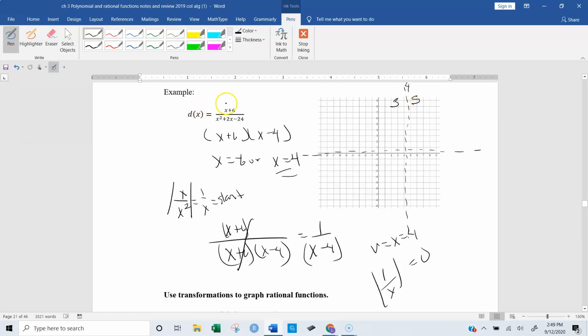You plug this into your original, so we're going to plug 3 in. So it's 3 plus 6 over 3 squared plus 2 times 3, which is 6, minus 24. So 3 plus 6, so we've got 9 over a negative... That doesn't seem right. 15, negative 24.